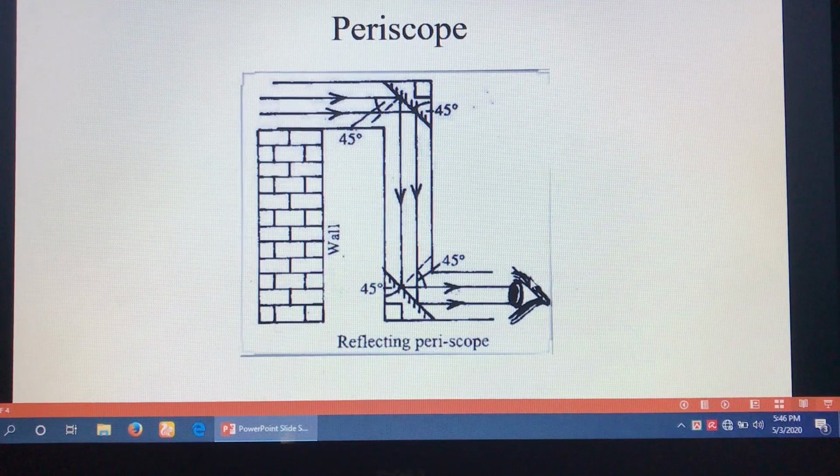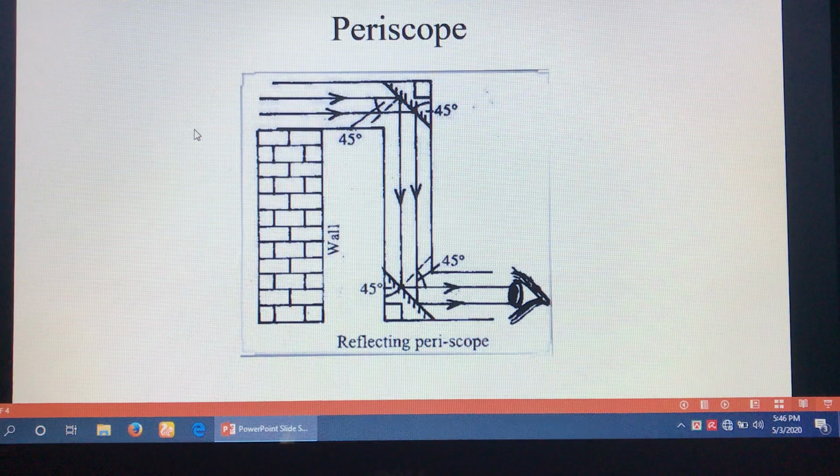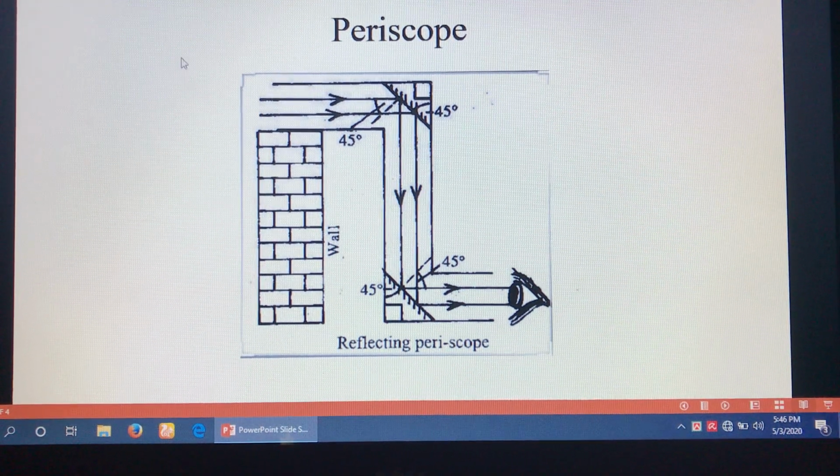For this reason we see the hidden object. This is the mechanism of the periscope.